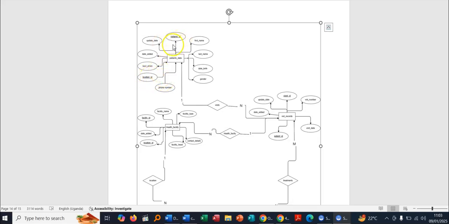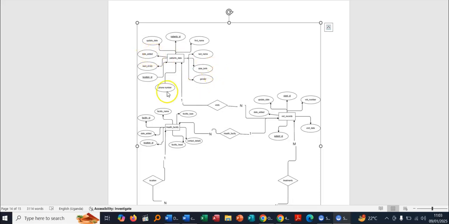From here, the primary key of the patient's data is the patient's ID, with other attributes of first name, last name, date of birth, gender, and phone. This was the foreign key for the patient's data, linking it to another entity. The next of kin and the date added are also attributes of the patient's data.